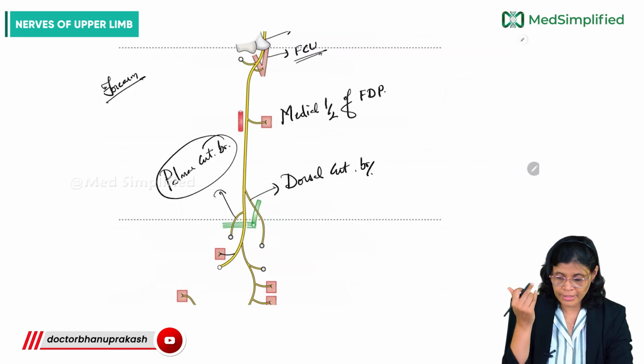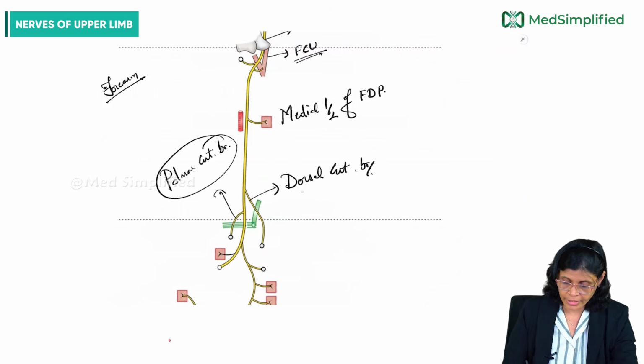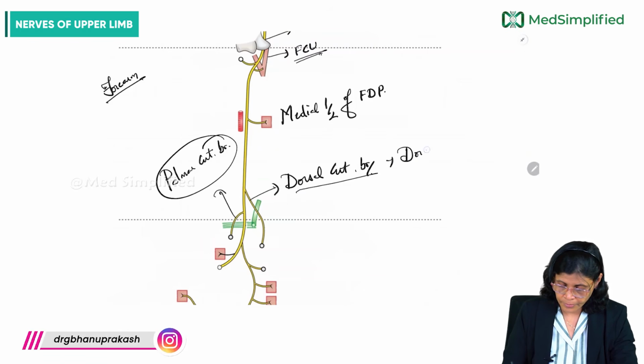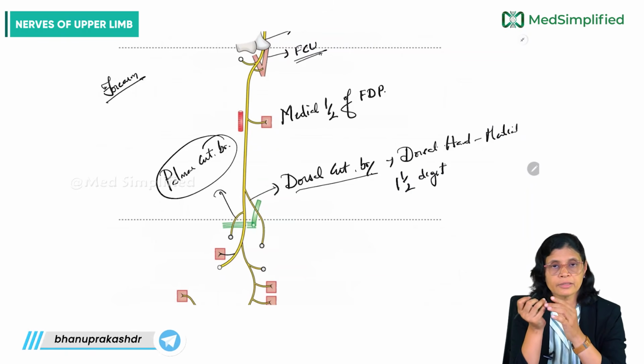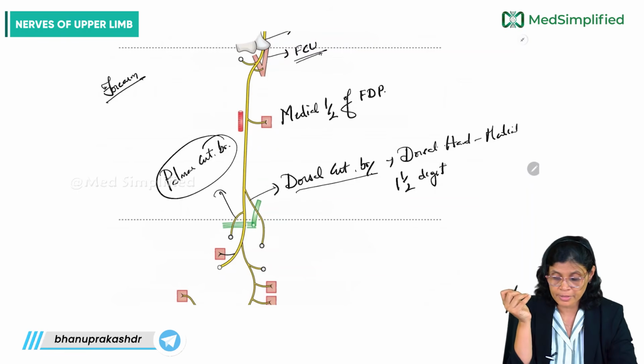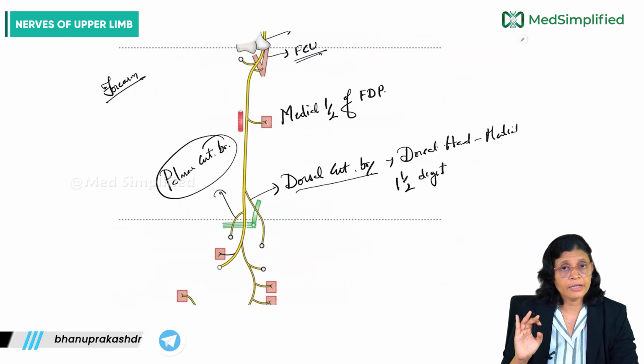This dorsal cutaneous branch will be supplying the skin over the medial side of the dorsum of the hand and the medial 1.5 digits. This will supply the entire region, and the nail bed region is also supplied by this. So this is in the forearm, and the ulnar nerve is the main nerve of the hand.